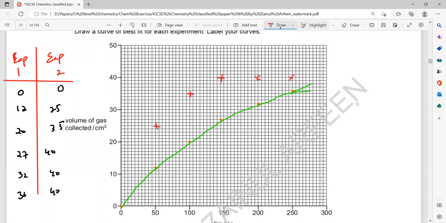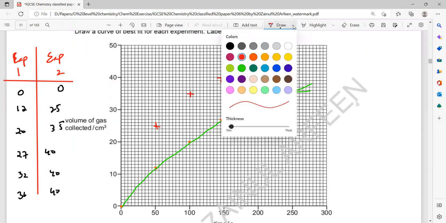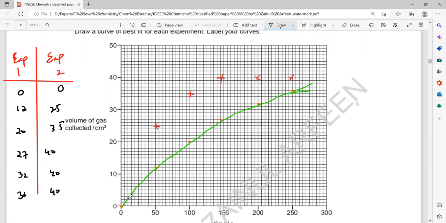And when we draw the graph, these are the two graphs. If you put a cross, it's fine.